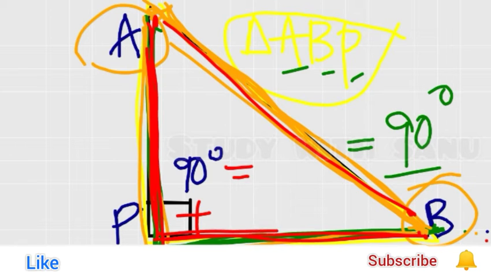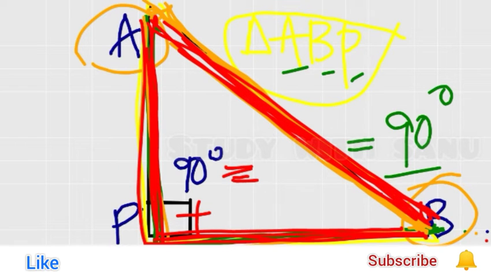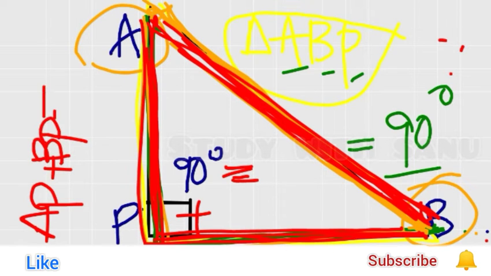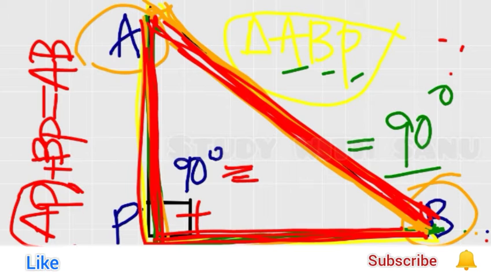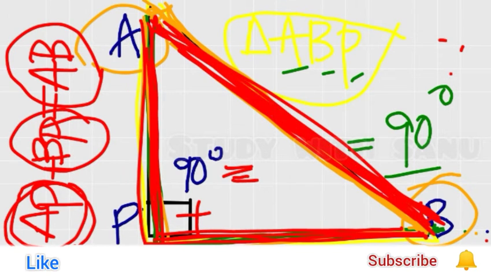If we add AP and BP, then only we are going to get this AB value.